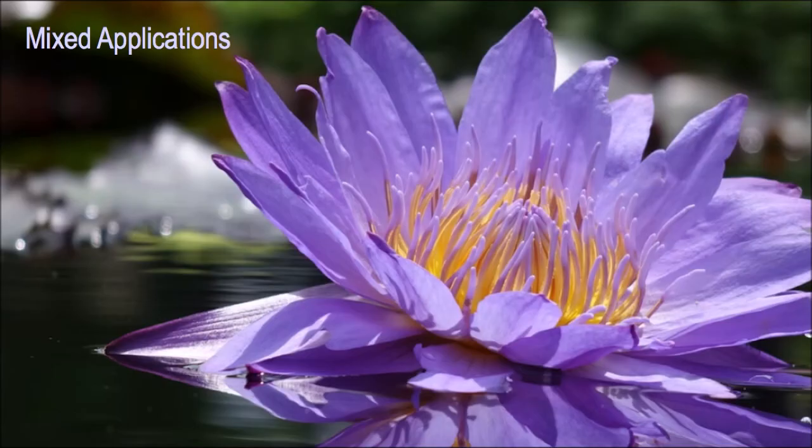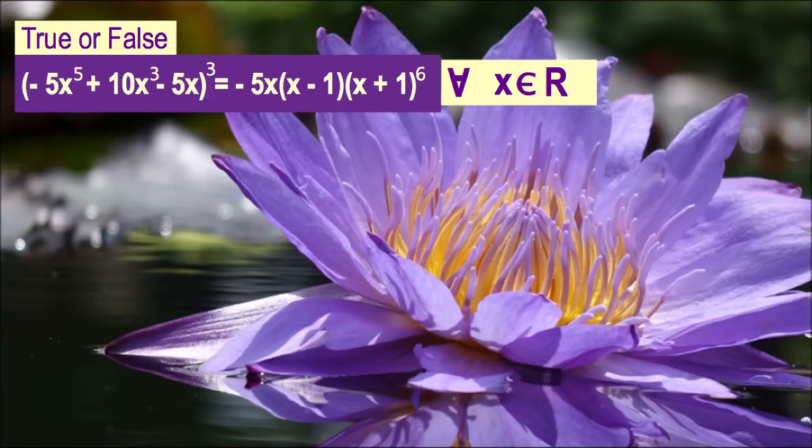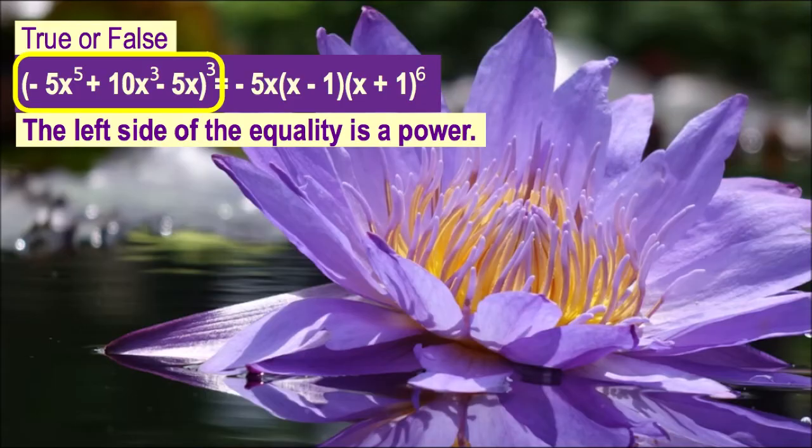Mixed applications. True or false? The quantity negative 5x to the 5th plus 10x cubed negative 5x, everything raised to the third power, equals negative 5x times the quantity x minus 1 times the quantity x plus 1, everything raised to the 6th power, for all x belonging to the set of real numbers.